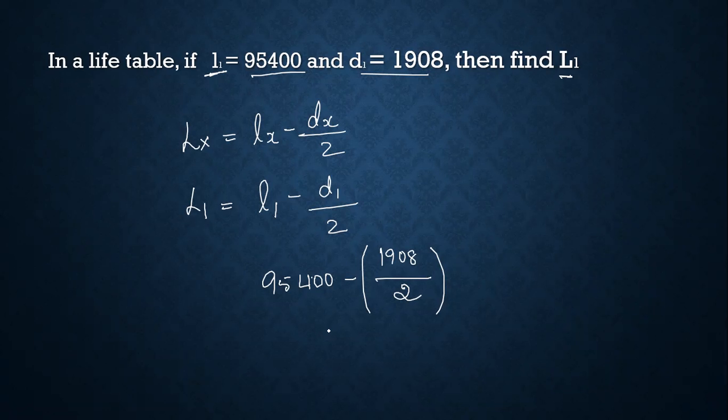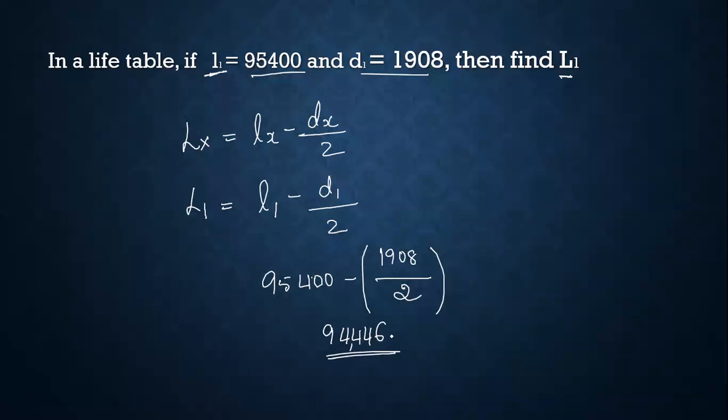What is the answer, students? First divide this, 1,908 divided by 2. Yes, students, answer. It is 94,446.